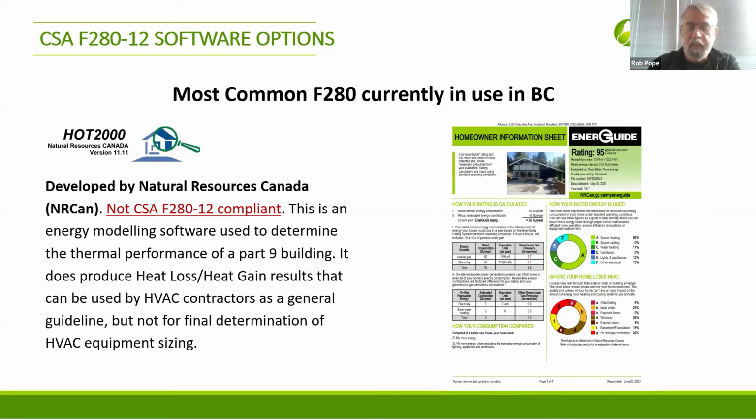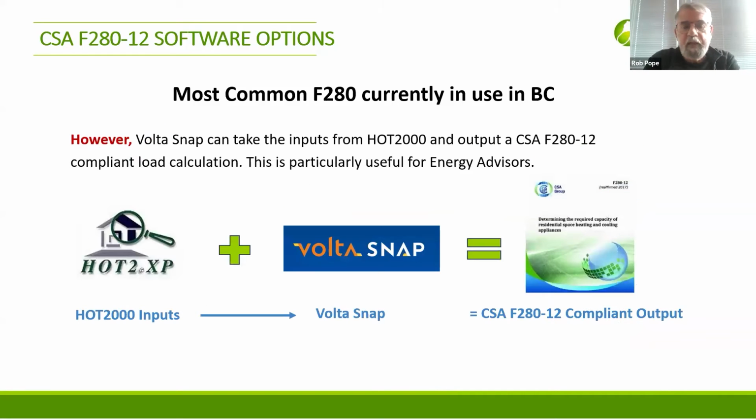Now, as I said, it's not F280 compliant. However, there is a workaround. So Volta created a spreadsheet program that takes the inputs from Hot 2000. So somebody's already done an energy model. What are those inputs? They had to, of course, input all your assembly details, insulation values, window values, all the stuff that determines the performance of the building already in the Hot 2000 software.